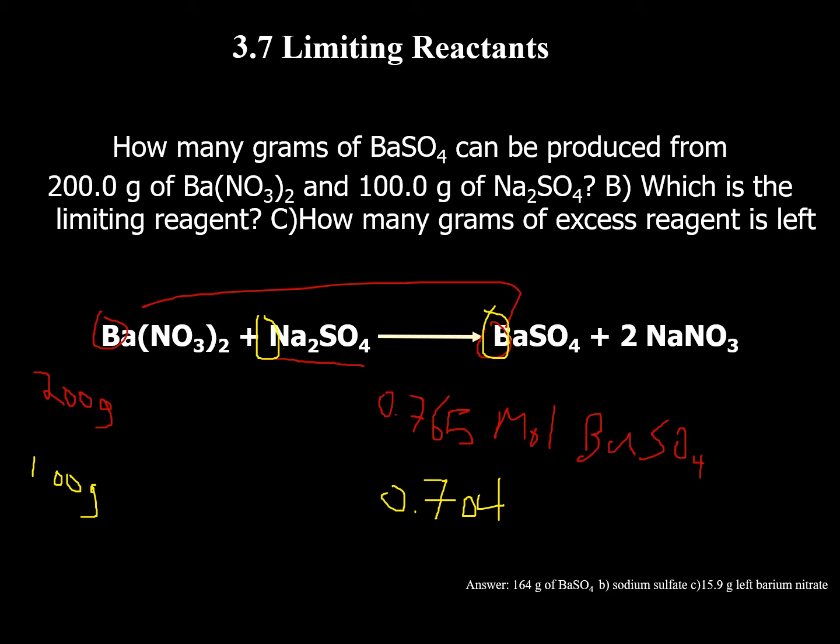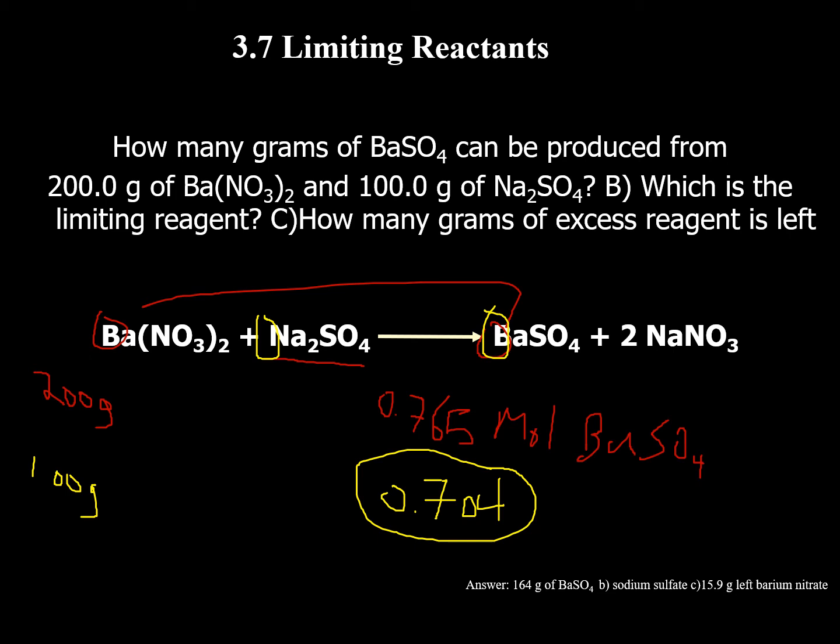So which one is the limiting reactant? It would be sodium sulfate, because this one gave me less product. The maximum amount of product we can make is 0.704 moles of BaSO4. The question is, how many grams can be made?